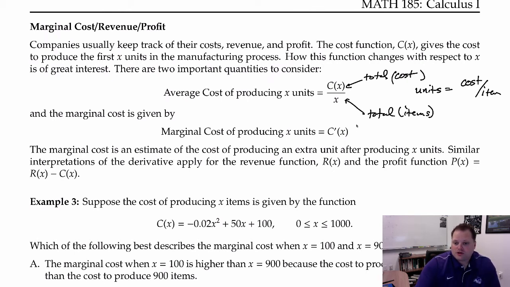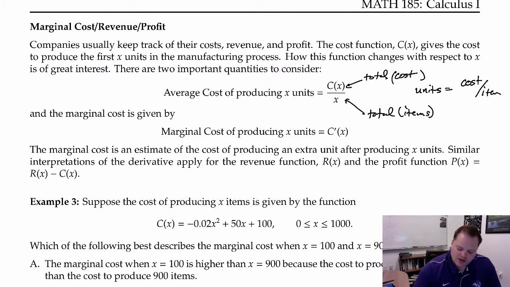However, I don't want you to get confused, because the phrase marginal cost refers to the derivative of a quantity. So if you talk about the margin of a quantity, that's typically referring to the rate of change of that quantity. It's a financial term. But the marginal cost is the derivative of cost. Marginal revenue would be the derivative of revenue, and so on.